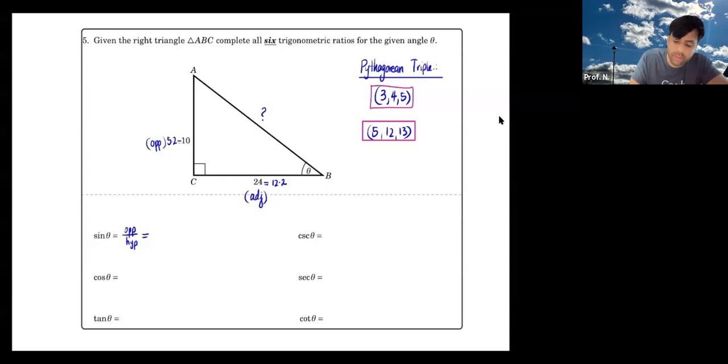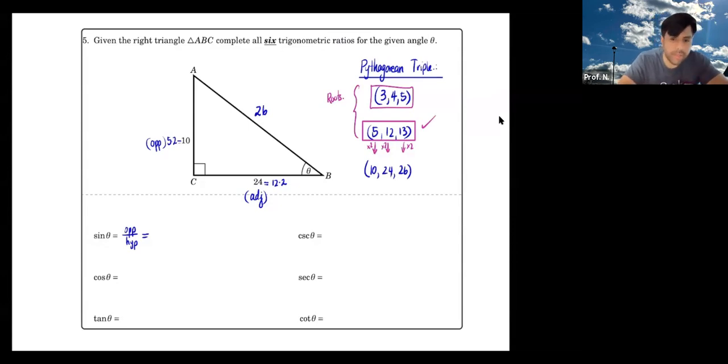These are like the roots of the Pythagorean triples, and the one that we're going to be considering is this one. Why? Because if I multiply everything by 2, what do I get? I get 10, 24, 26. So I know the hypotenuse is going to be 26 for a fact.